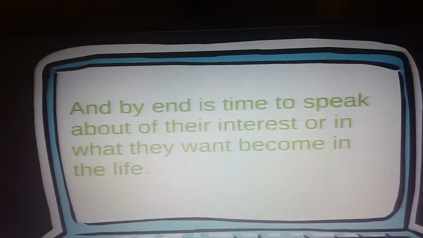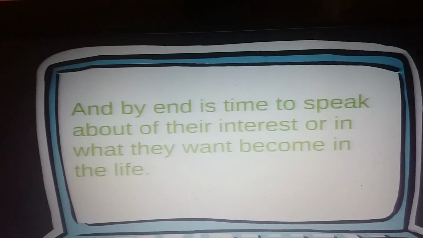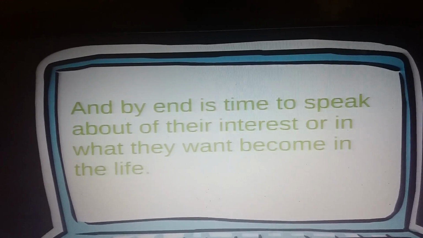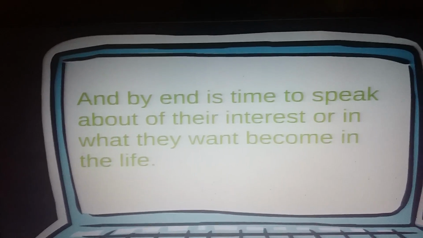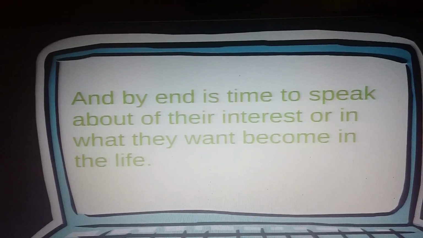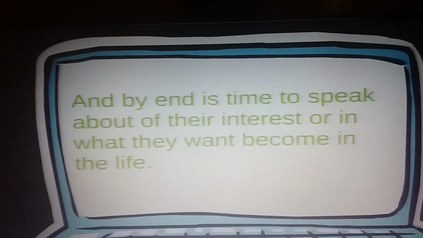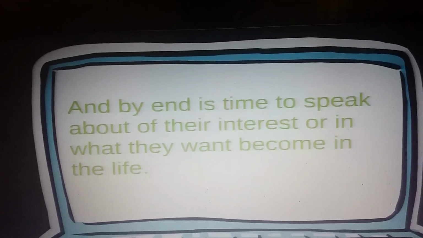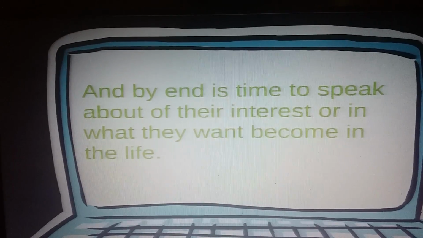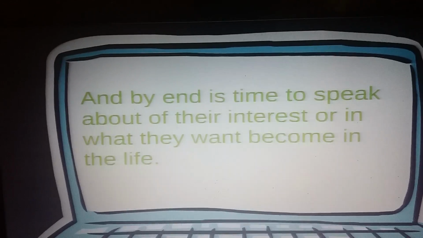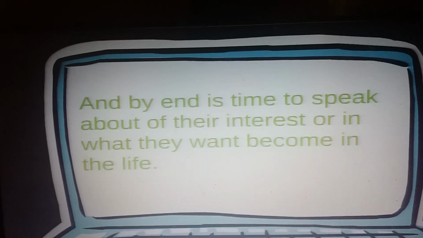And by the end, it's time to speak about their interests or what they want to become in life. For example, I would like to become a professional in English, or I would like to become an engineer.